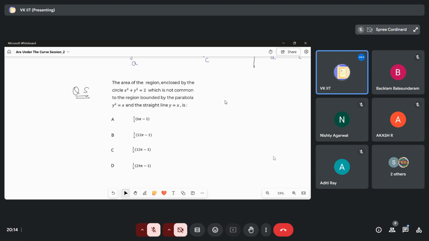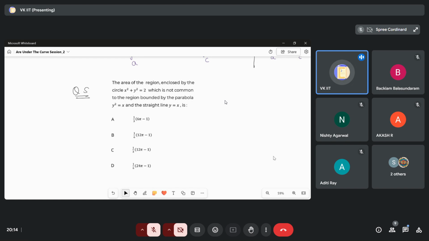Yes, any answers for this question? They are saying the area of the region enclosed by the circle x square plus y square is equal to 2. So radius will be under root 2, right? By the standard format, which is not common to the region bounded by the parabola, and y square is equal to x.